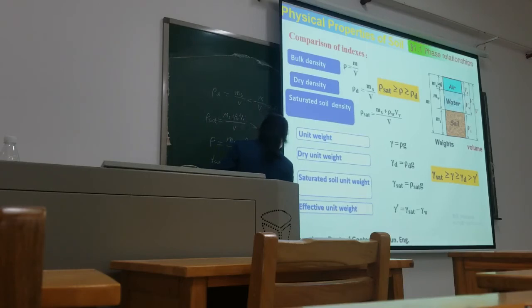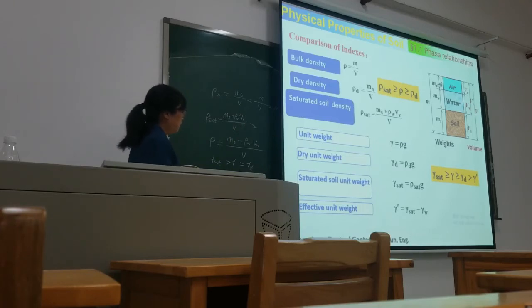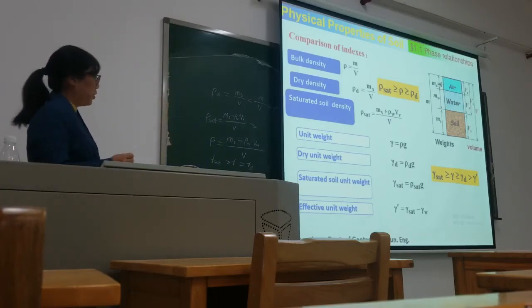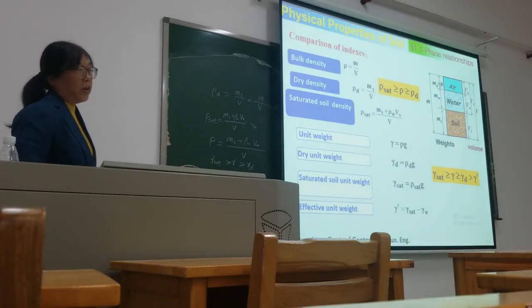It means Vs times gamma W, here Ws minus Vs times gamma W. So the dry unit weight is more than effective unit weight, okay?